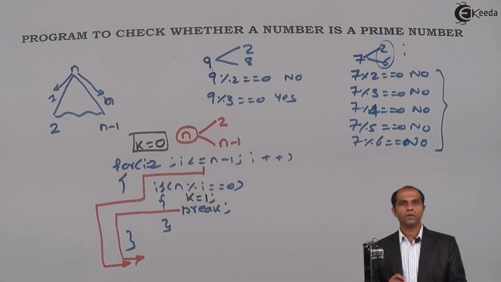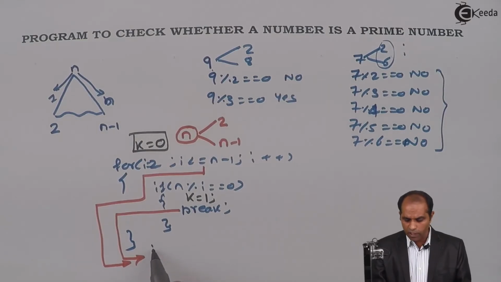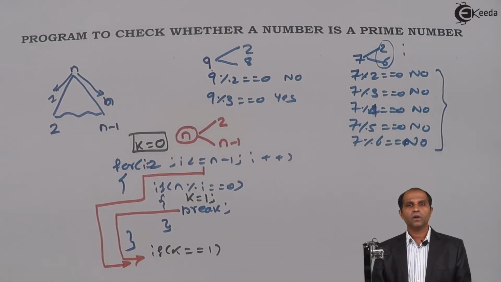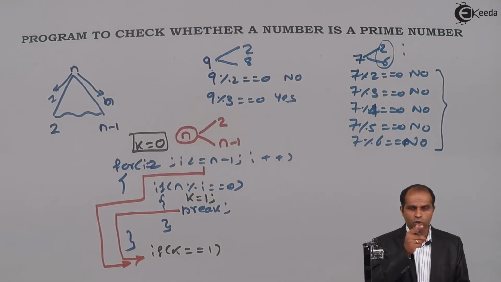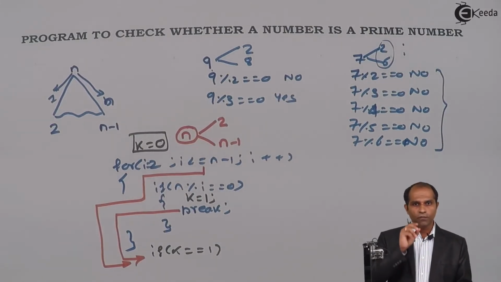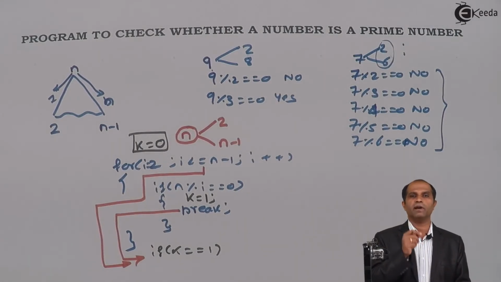Now check this. Outside the loop, I can check whether k is 1 or 0. If k equals 1, what does that indicate? If k has changed its value from 0 to 1, it means that you quit by break. If the value of k is 0, it means that the condition was never true, hence k maintained a value of 0.